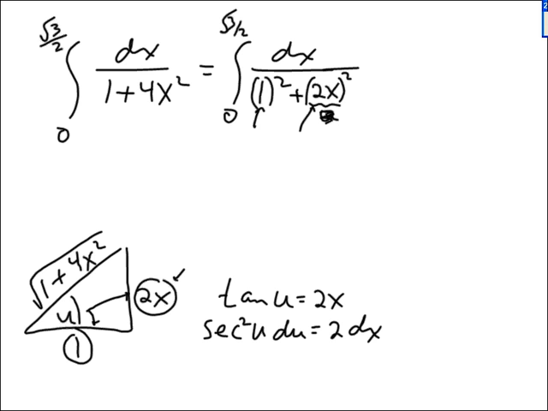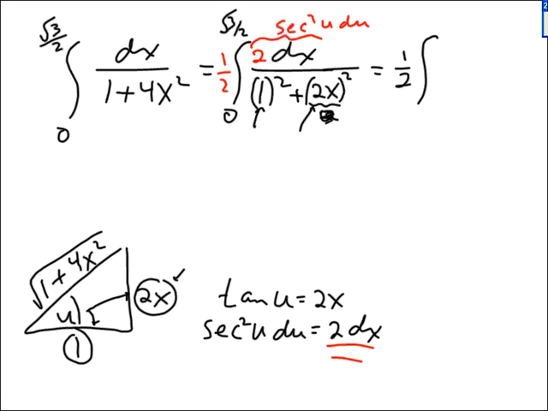Alright, so what we have is, if we only had the 2 on the top, I can call this not du, but secant squared u du. But to put a 2 on the top, I have to put a 1/2 on the bottom. So we have the 1/2.